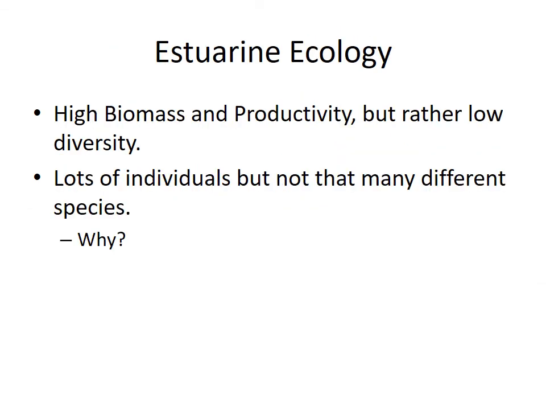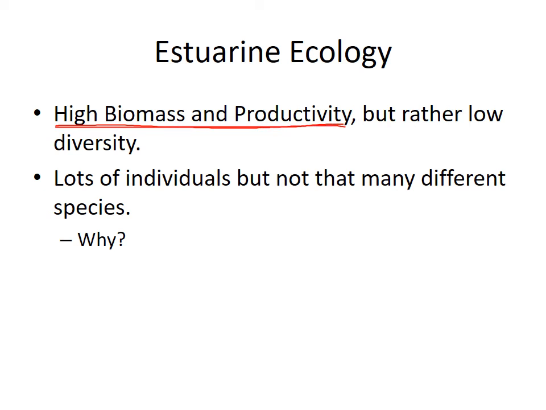All right, so the two big fundamentals of estuarine ecology that I would like to discuss now that we've covered the estuarine morphology and geology are that estuaries have high biomass and productivity. They're very productive environments, both in terms of primary productivity and secondary productivity.